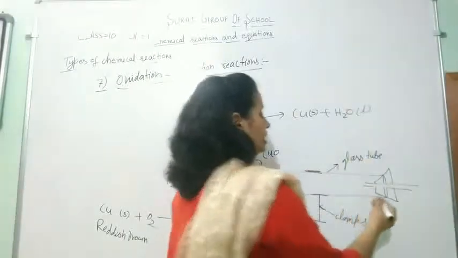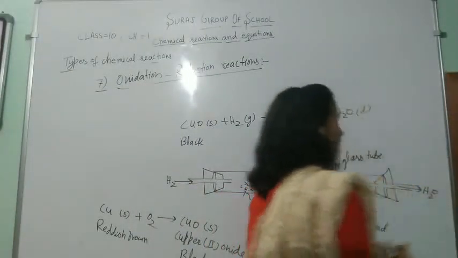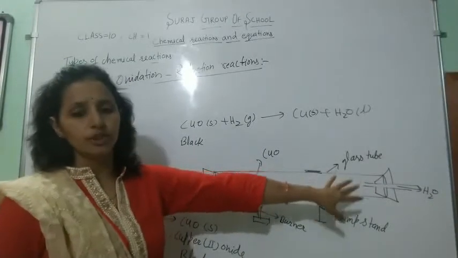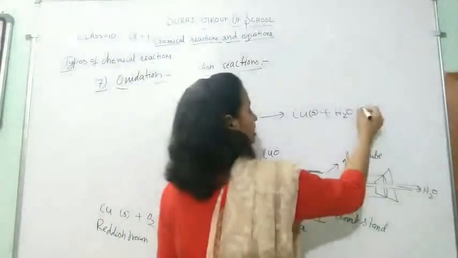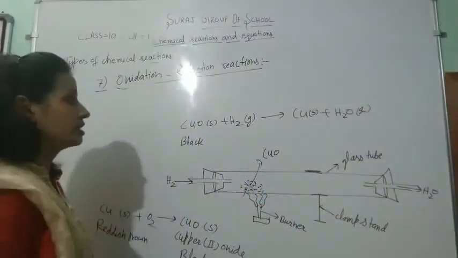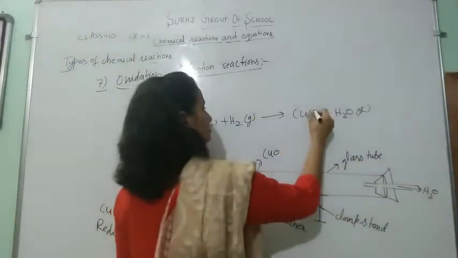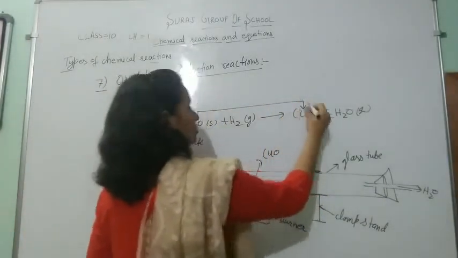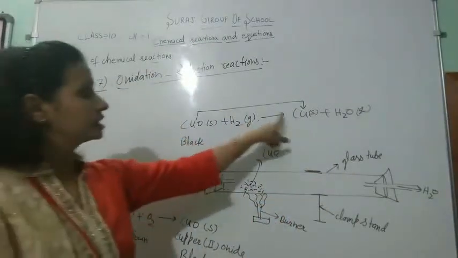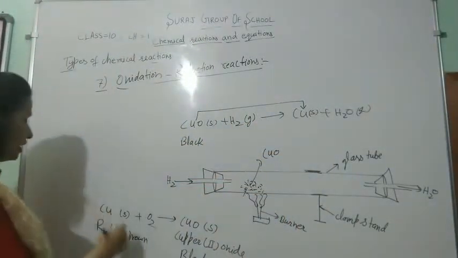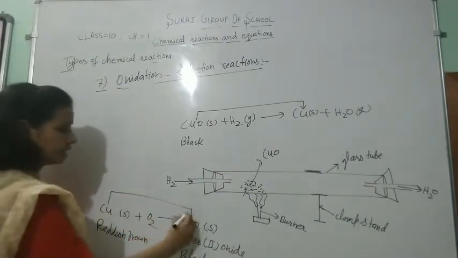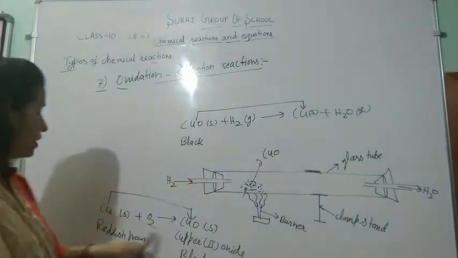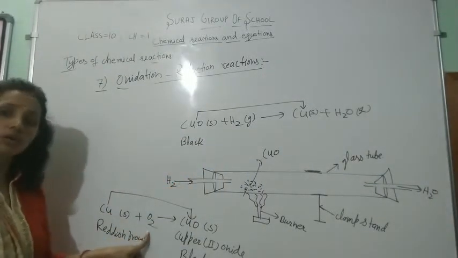The water is gaseous in state and leaves through the glass tube. Now copper oxide is converted to copper, and earlier copper was converted to copper oxide. One reaction takes place in the presence of hydrogen, and the other in the presence of oxygen.